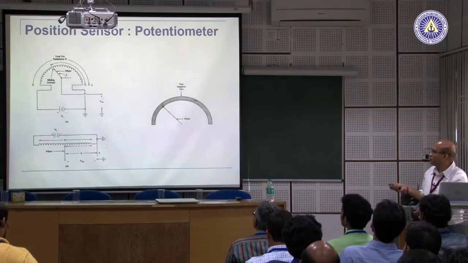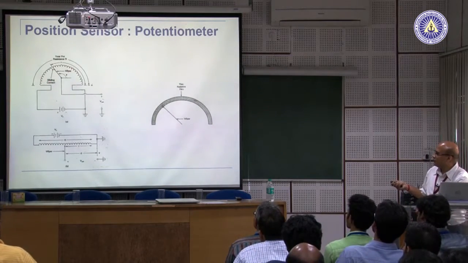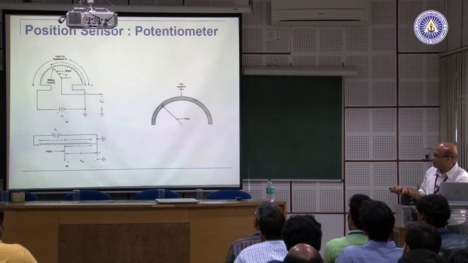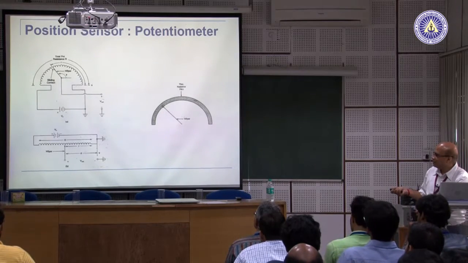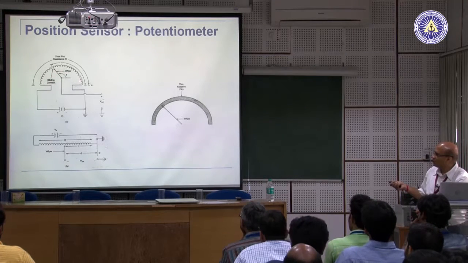Essentially the potentiometer's working is very simple. There is a resistance coil, and there is a wiper which moves on the resistance coil. If this potentiometer is fixed onto the joint on the robot arm, the joint would be fitted onto the wiper, and when the wiper moves, the ratio of the small r to the capital R will change.